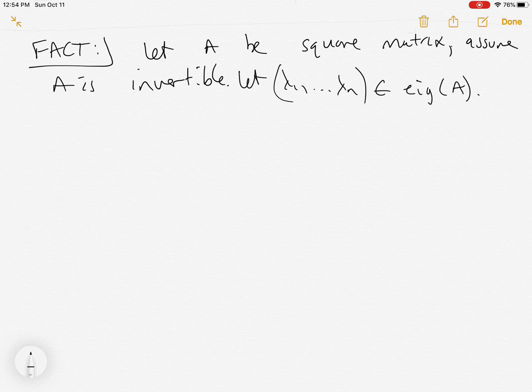The determinant of A is lambda 1 times lambda 2 times on through, the product of the eigenvalues. Right?